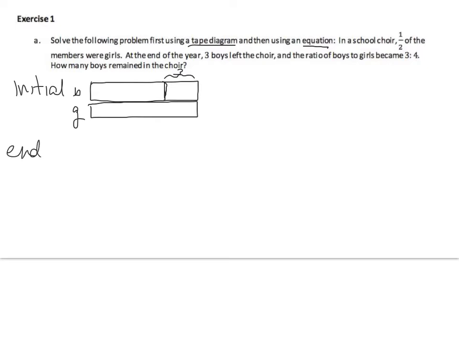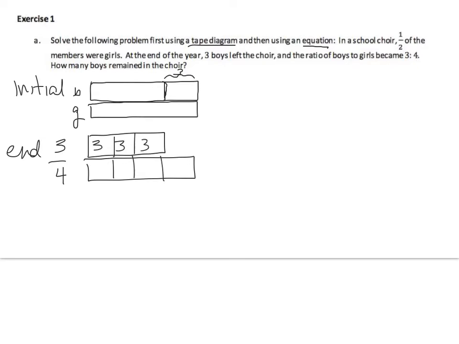So at the end of the year, we've got fewer boys, and the ratio is 3 to 4. So what we can do is say each square is 3. So I have 9 boys and 12 girls left in the choir. Okay, now let's try it again using an equation.